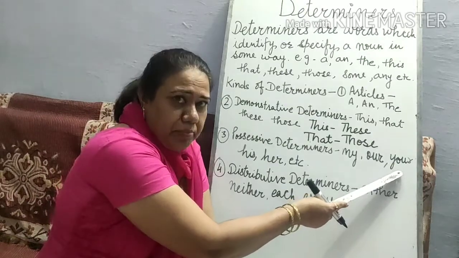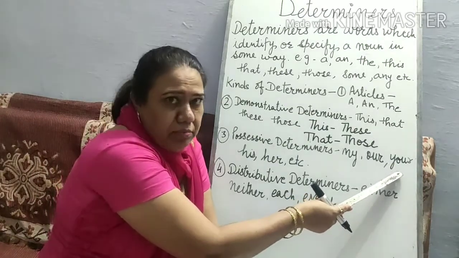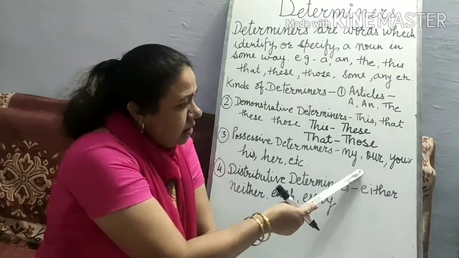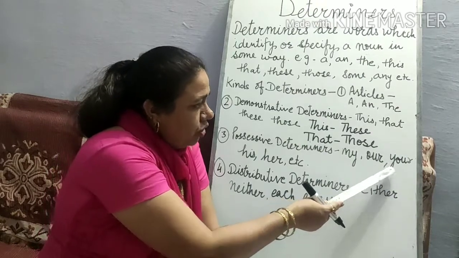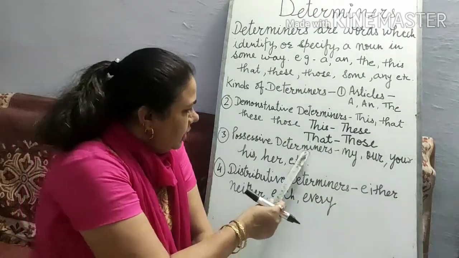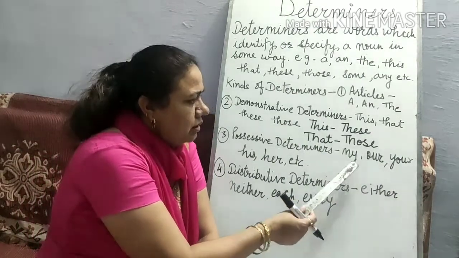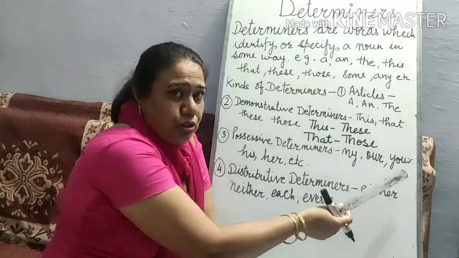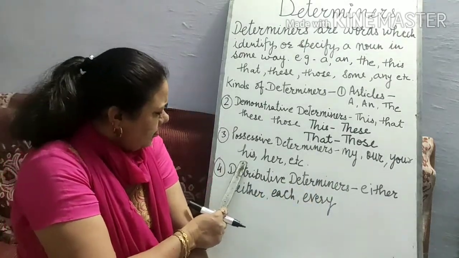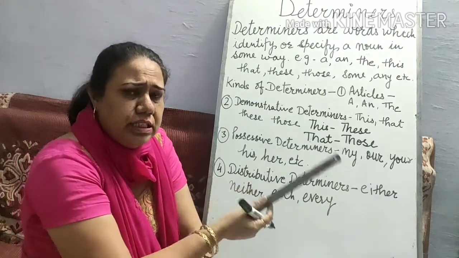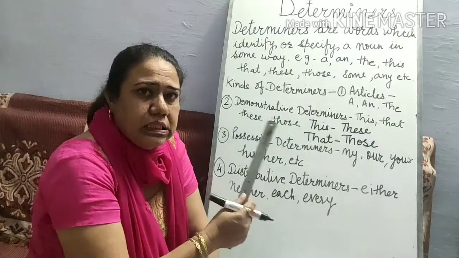What is your name? So you can understand this. My, our, your: possessiveness is there. In these determiners, possessive words are there: my, our, your, then his. His sister is intelligent. His sister is a good dancer.